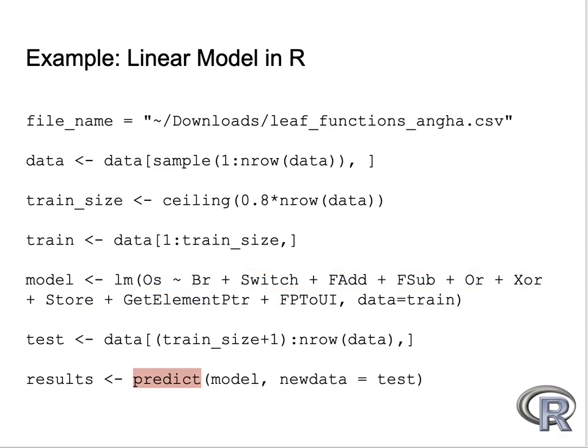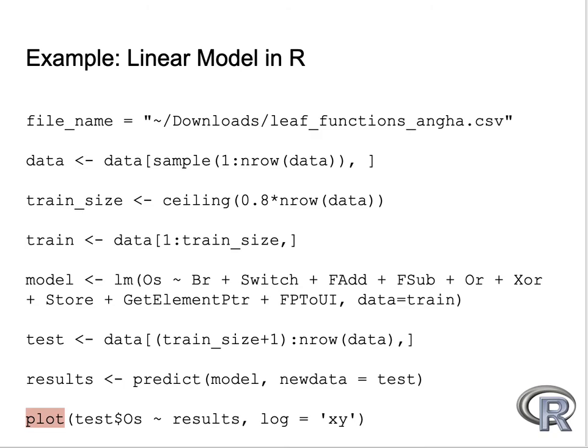Once we have a model, we can build a test set and use the predict function from the R standard library to see how well we are doing. So in this case, results is a vector with the predictions performed for test, which is a set of data that we got in that CSV file that we read in the beginning.